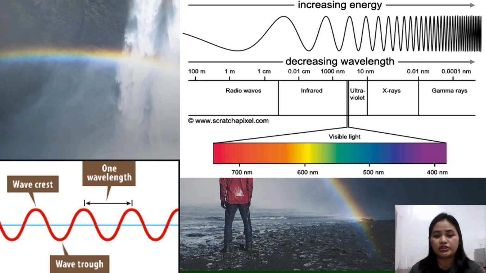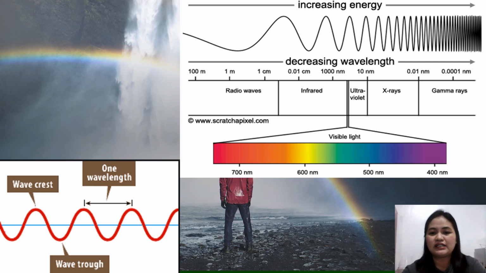Meaning, which color has the highest energy? It's the violet. Which color has the least energy? It is the red. Why? Because look at the arrow. From red to violet, there is an increasing energy.